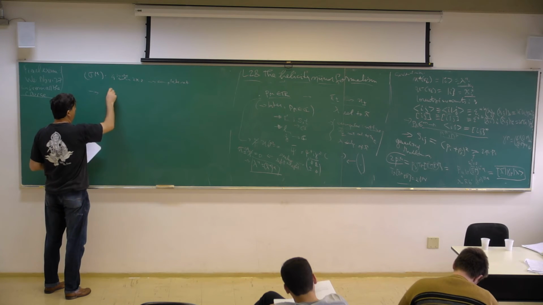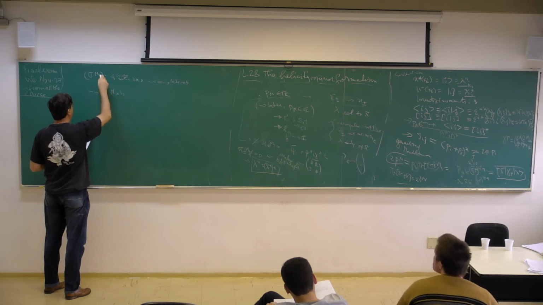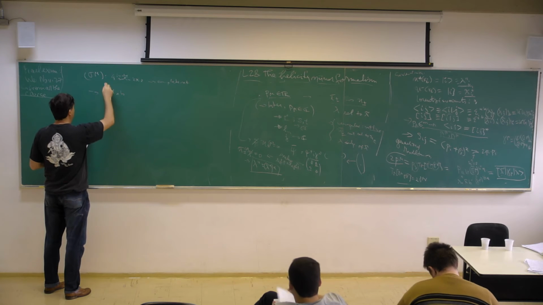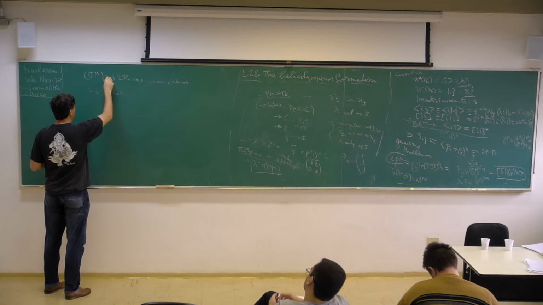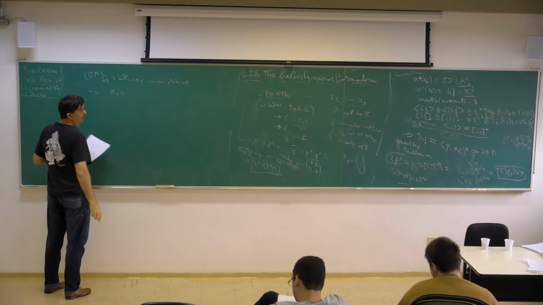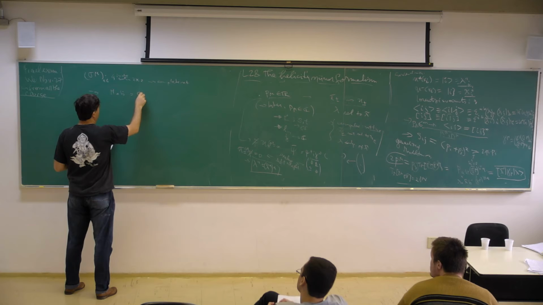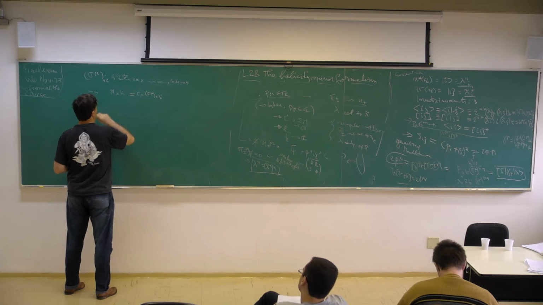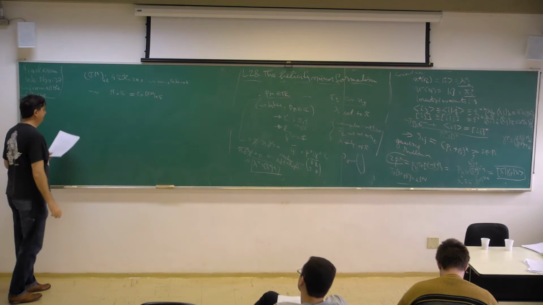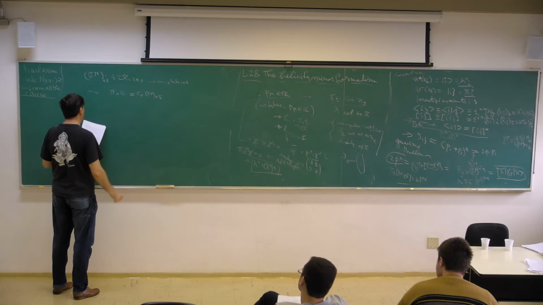That means that any matrix, if I write this as AB dot, any matrix M can be decomposed into them, right? With some coefficients.